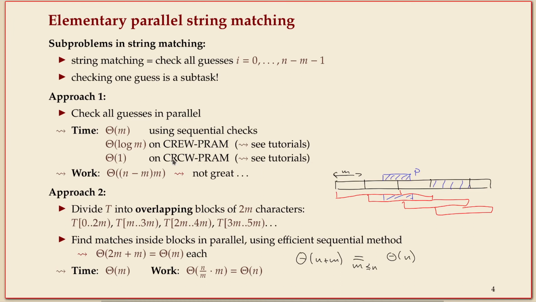Even these more fancy methods, they look like the parallel time is decent, but then the work is so big, so unless you have many processors, you won't really have much of an advantage. And for this work-efficient method down here, if the pattern and the text are roughly the same length, it doesn't really do anything. It falls back to the sequential method.